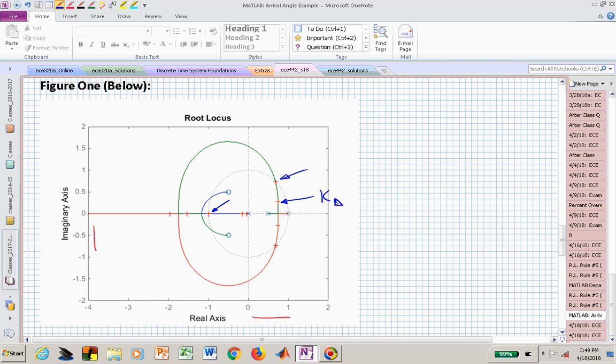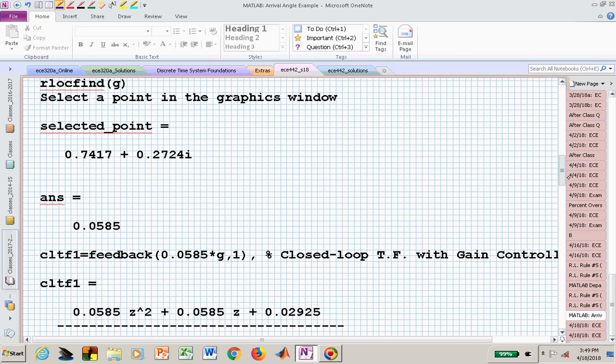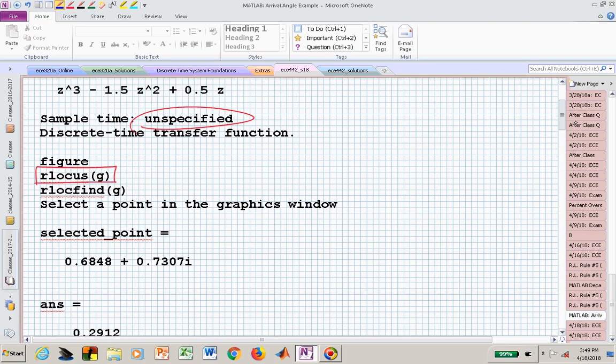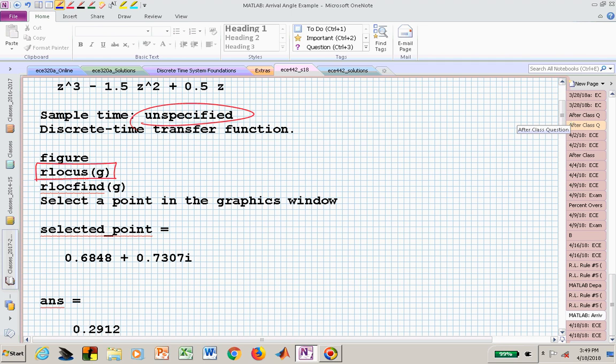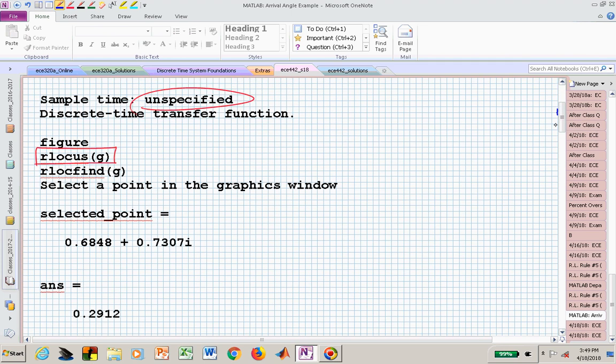And maybe I've called that k sub delta. I don't know what I've called this. Maybe k sub plus, and this might be k of minus 1. And you can now try to determine what those are with the rlocfind command.